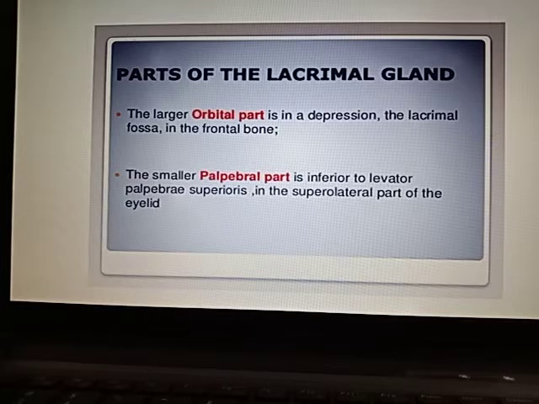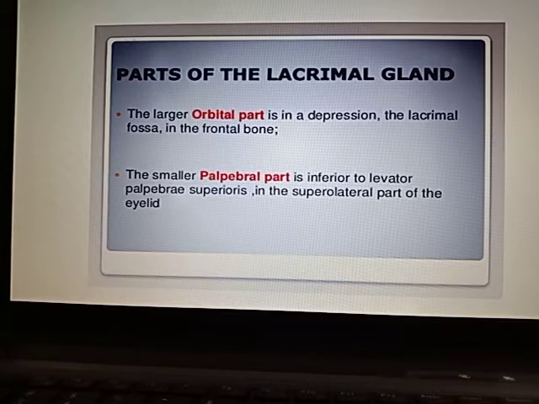The part above the muscle, or the orbital part of the gland, is connected with the periosteum of the orbit by fibrous strands. The palpebral part of the gland lies inferior to the levator palpebrae superioris, in the superolateral part of the eyelid.